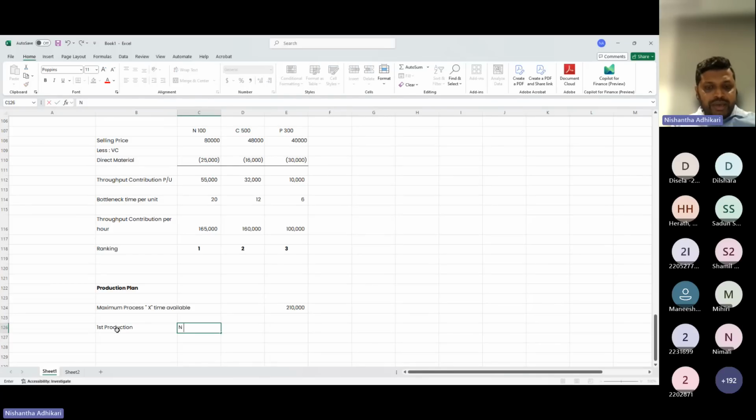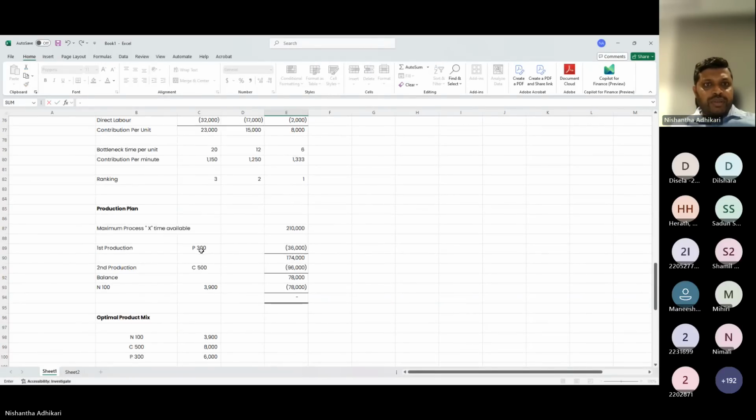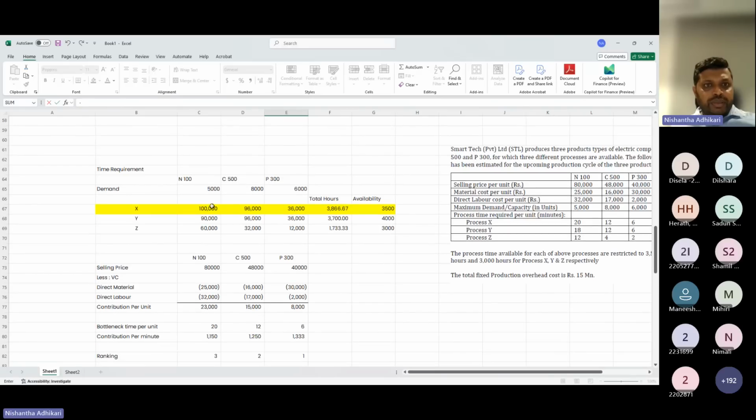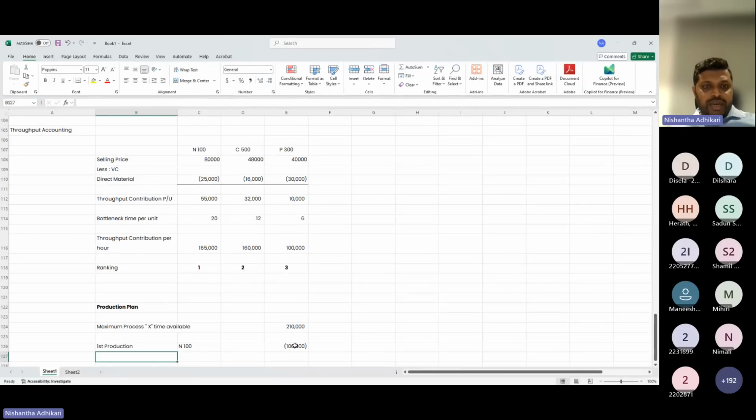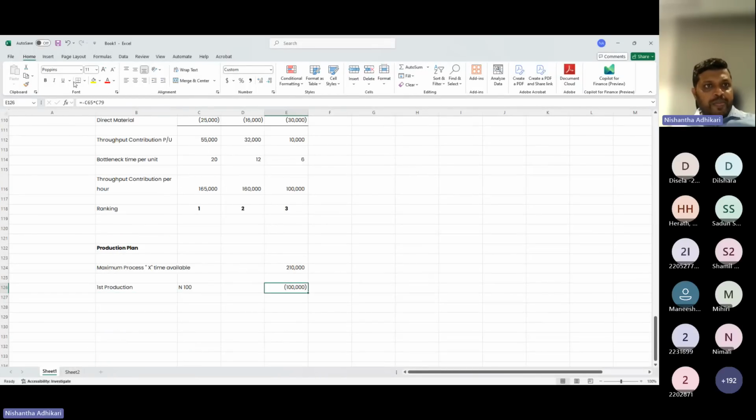How many units will you manufacture? 5,000 units, each requiring 20 minutes, so 100,000 minutes will be used. Then the balance available is 110,000.